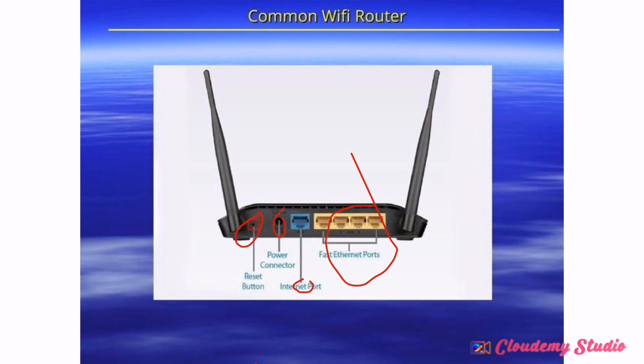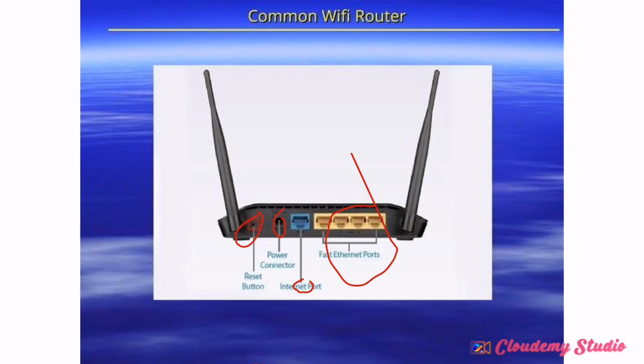Everything is well explained. So the reset button: in a situation where you want to configure the system again, you can press and hold the reset button for 10 to 15 seconds, sometimes maybe 30 seconds. You see the LED light blink, then it gives you a signal that you have reset the device.